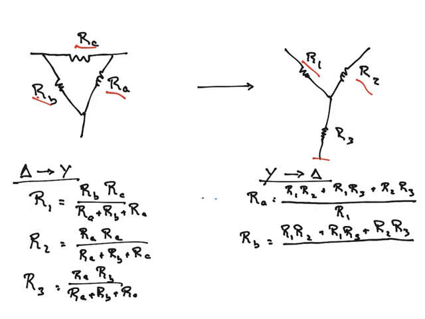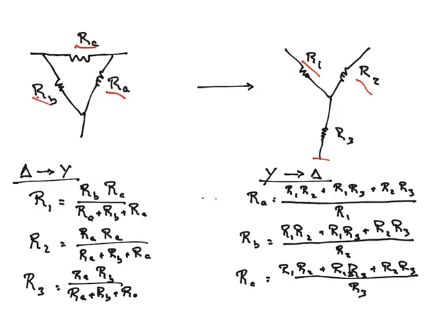The resistor associated with B, the one I'm looking for, which is R2. And then finally, RC is the last one. It's the same sum of products of pairs, R1, R2, R1, R3, and then R2, R3, all divided by R3 in this case.